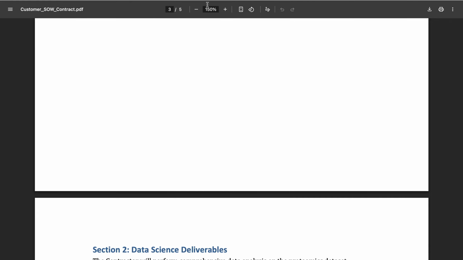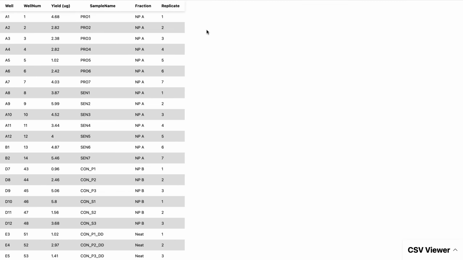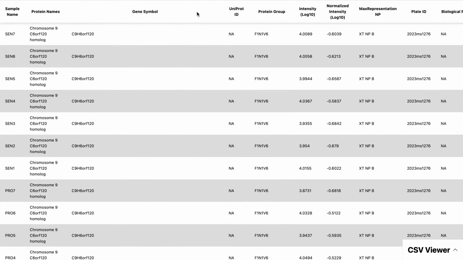As input, we would require the yield file, which can be uploaded. The contents are, for each sample, a yield and an associated well where it was processed. In addition, there is a file that comes out of the mass spectrometry pipeline itself, which contains the sample and all of the protein groups that were associated with that particular sample.